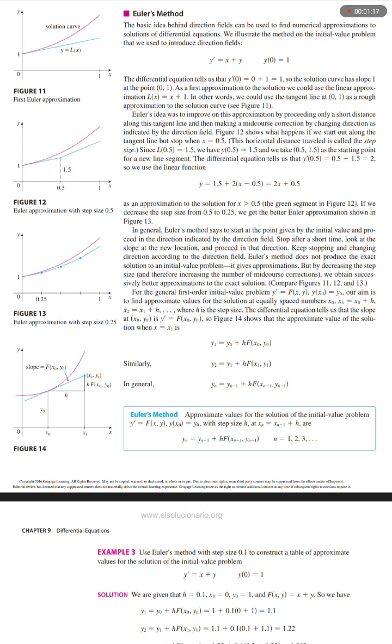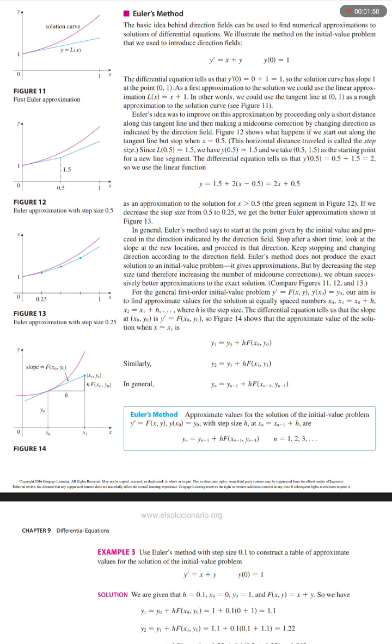See figure 11: first Euler approximation, solution curve, and y = L(x). Back to the text. Euler's idea was to improve on this approximation by proceeding only a short distance along this tangent line and then making a mid-course correction by changing direction as indicated by the direction field.